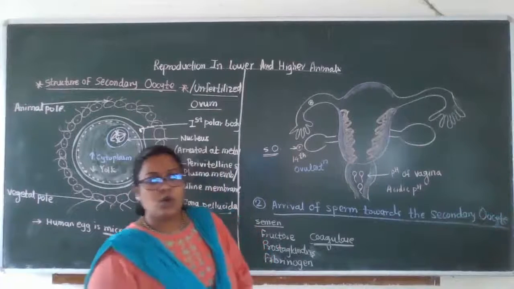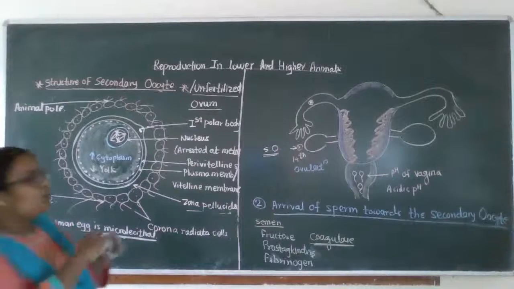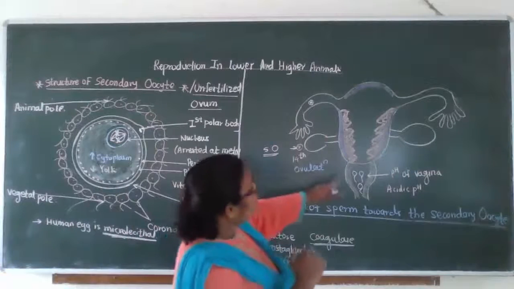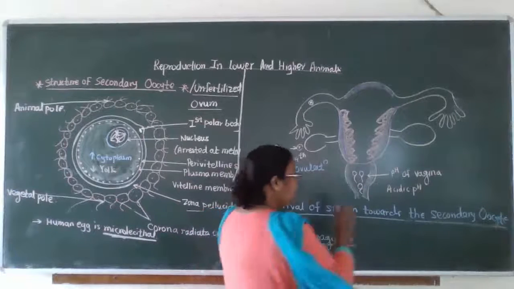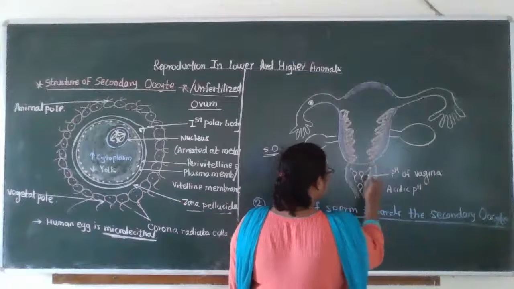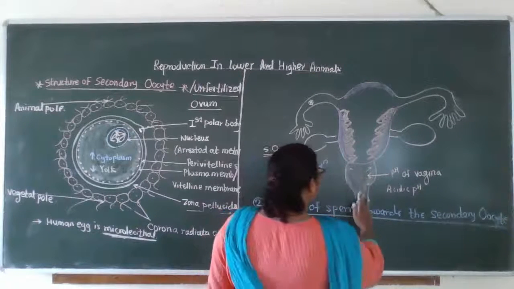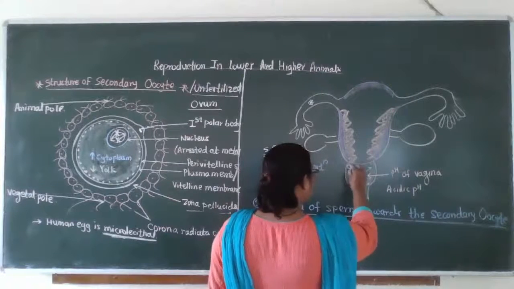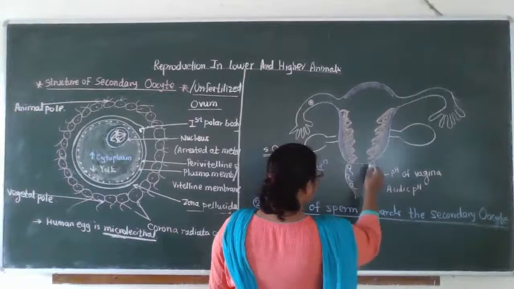So what is the role of coagulation especially? This coagulate latches the sperm to the wall of the vagina, so that the sperm moves towards this side, and it avoids draining of the sperms out of the vagina after removal of the penis.